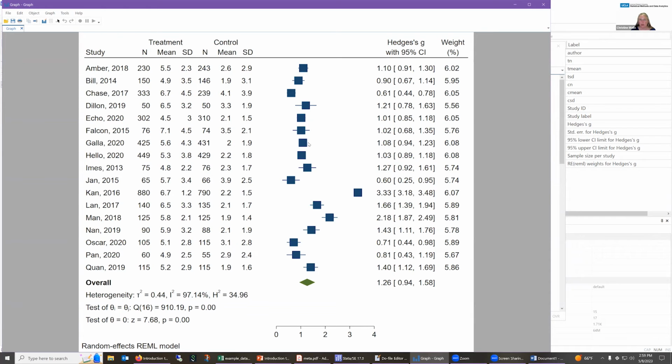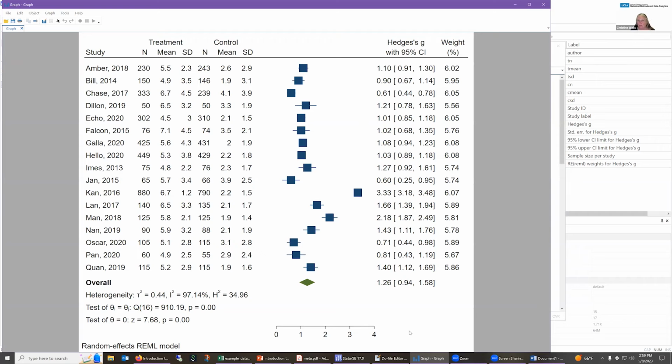These have even larger weights, and look, you can't even see them here. This has a relatively lower weight, and you see that there are bars here. So that's the correspondence. And then of course you get your tau squared, your I squared, your H squared, and your tests of Q and theta down here. And then Stata reminds you that this is a random-effects REML model.